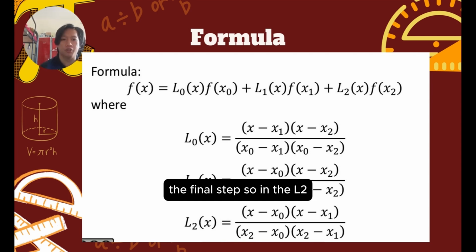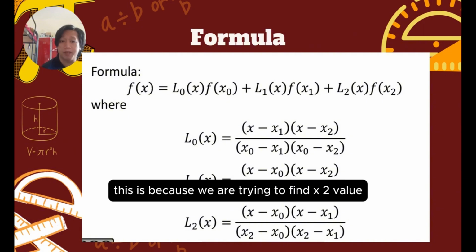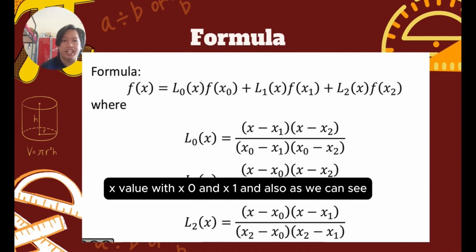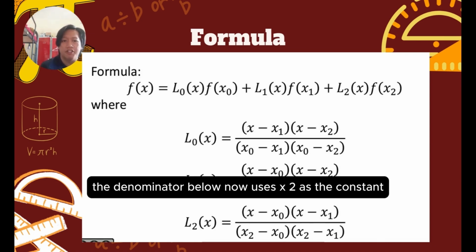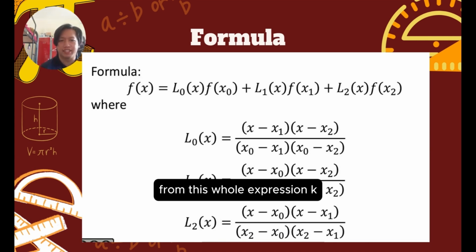In L2, there is no longer x2 in the numerator, because we are trying to find the x2 value by deducting x with x0 and x1. Also, the denominator now uses x2 as the constant, since we use it to gain 1 from this whole expression.